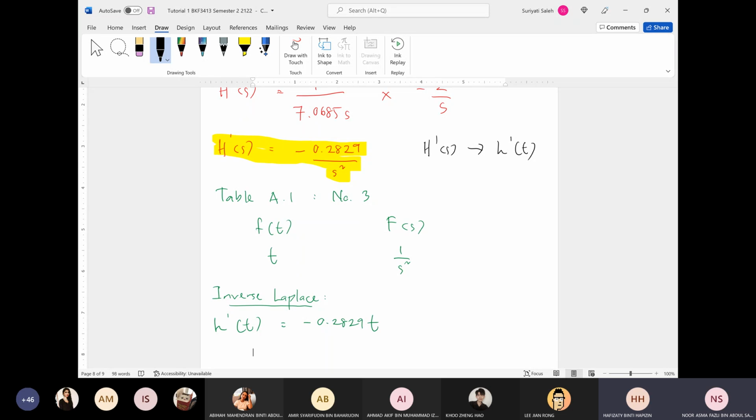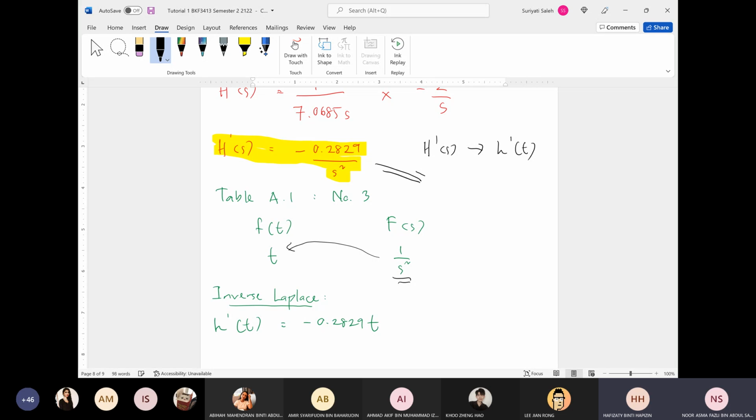Based on table A1, if I have 1 over S square, then it becomes t. So my equation is negative 0.2829 over S square.